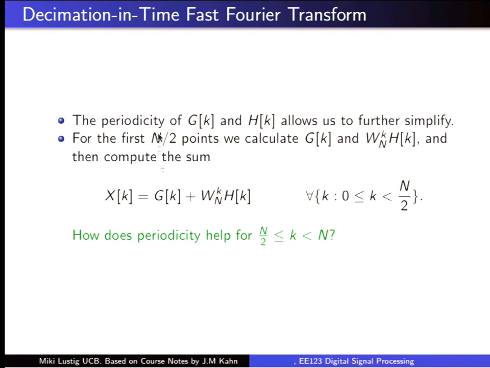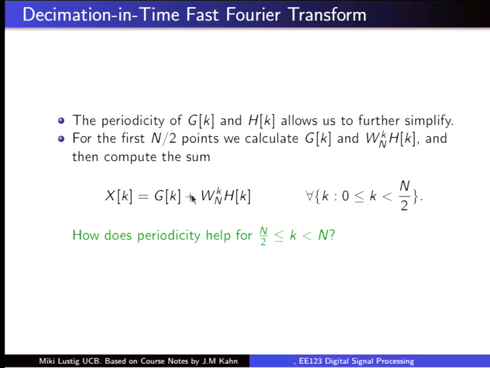So we're going to simplify it more by using this periodicity, and that will allow us to further simplify it. If you think about the first n over 2 points, you're going to calculate g of k and w of n to the power of k, if you just look at the first part of the sequence, k greater than 0 and less than n over 2.